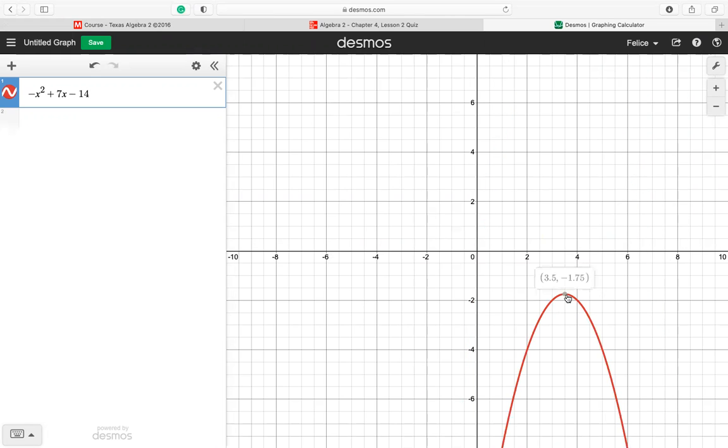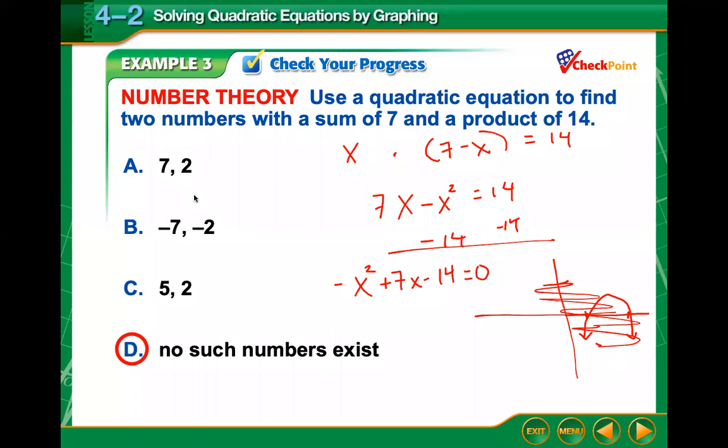And as we can see, it's never going to touch, so there is no solution here. So that's why no such numbers exist.